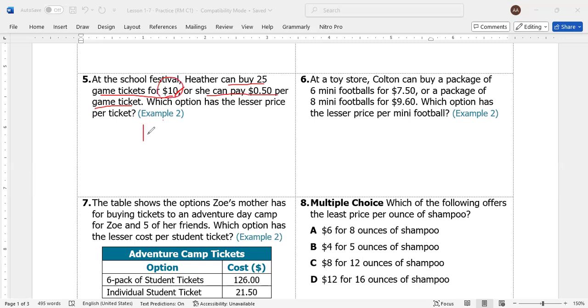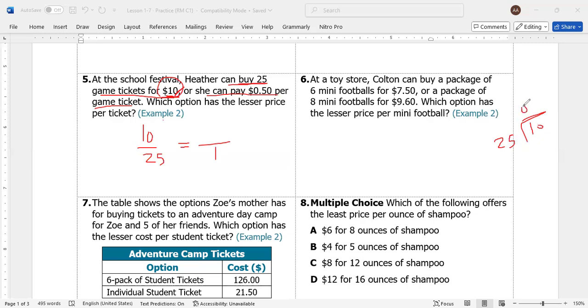So I will divide 10 by 25, okay? The cost means the price, it's in dollars, so you will write it in the numerator, divided by 25 tickets. I will find the price of one ticket in the group. So how much is the price of one? Again, I have to divide 10 by 25. Now I can see that 10 is less than 25. It's not possible to divide.